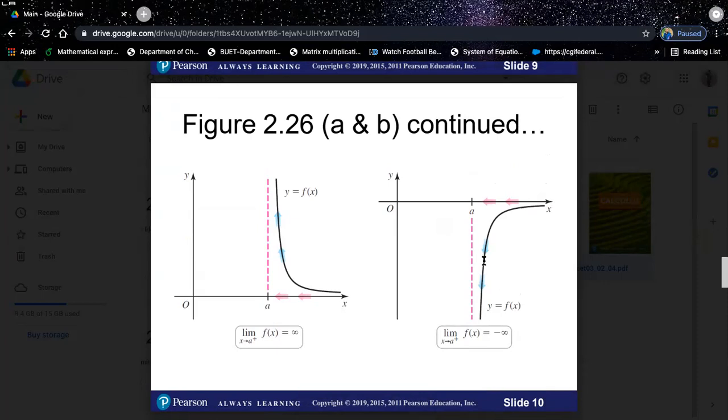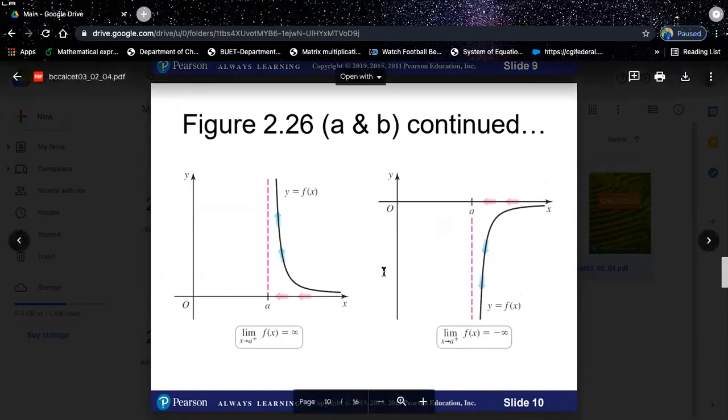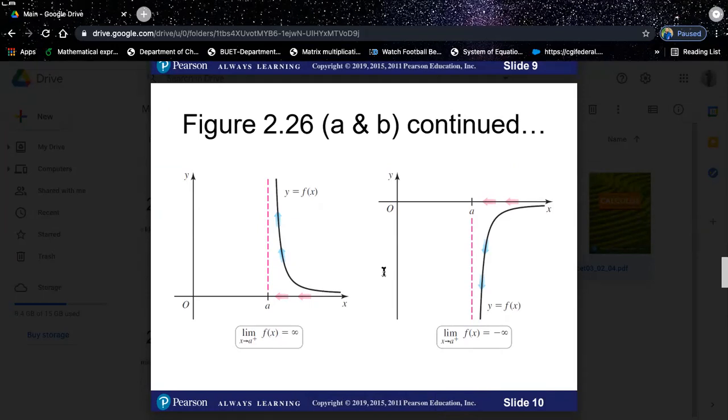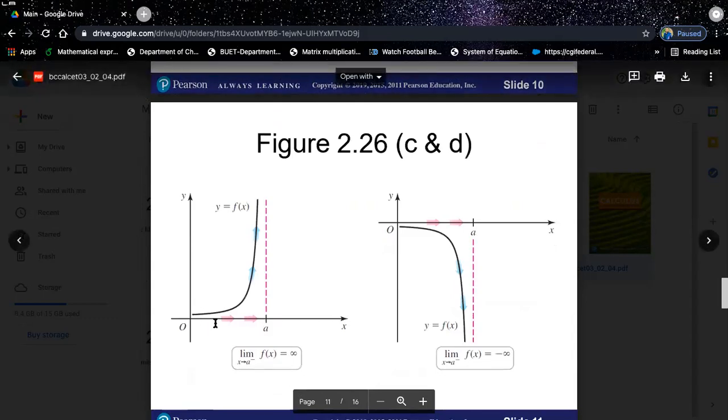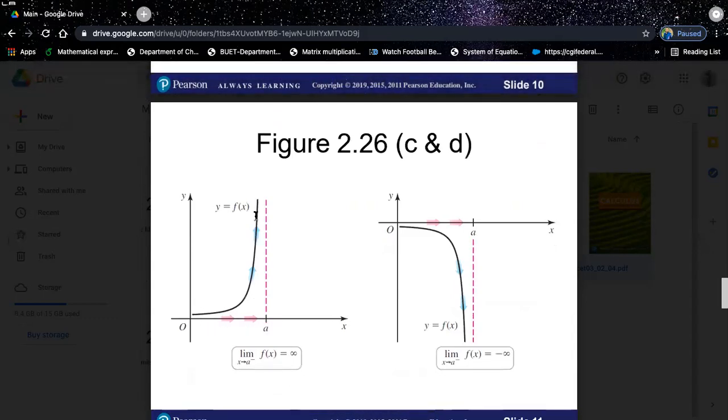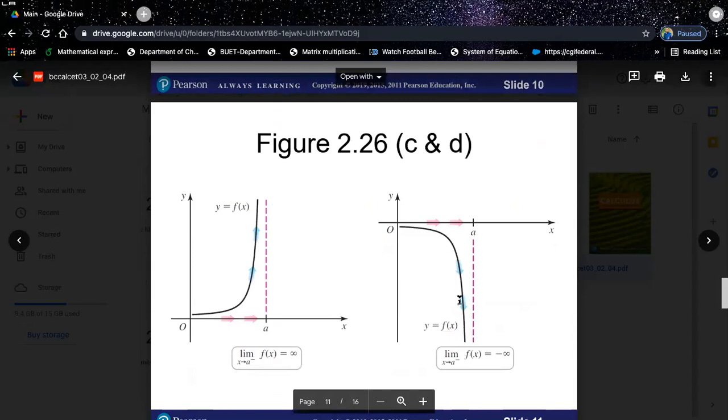Even though, like this one, you can see, even though we are moving from the right, the limit actually is negative infinity. So this is the thing you can keep in mind, that whenever you're approaching from the right, it could be either positive infinity or negative infinity. Moving from the right doesn't really mean it has to be positive infinity. Okay. And same goes for the left-sided limit as well. If you are moving from the left, it could be positive infinity or it could be negative infinity as well.